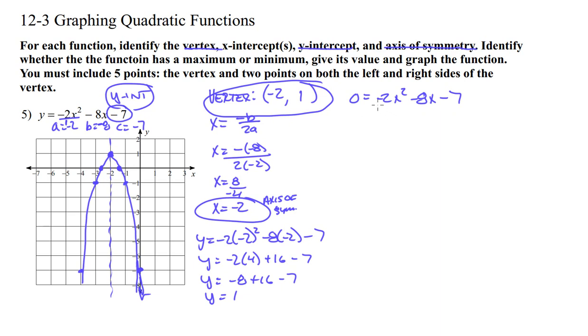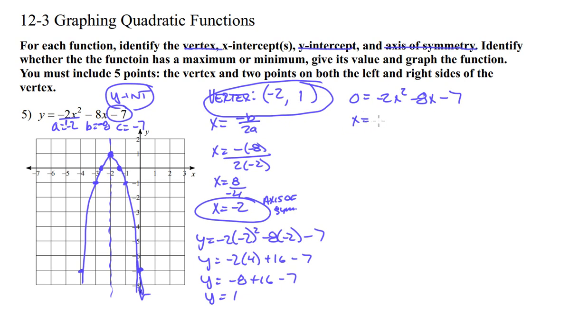If we were to multiply these together, 2 times 7 is 14. It'd actually be the factors of 14 that add up to 8, because that's a negative out front. It just starts getting messy. It's not going to factor anyway, so the quadratic formula is definitely our best bet. A equals negative 2. Oh, wait, we already did that. That's all over here. We don't have to write that again. Okay, so now we can just do the quadratic.